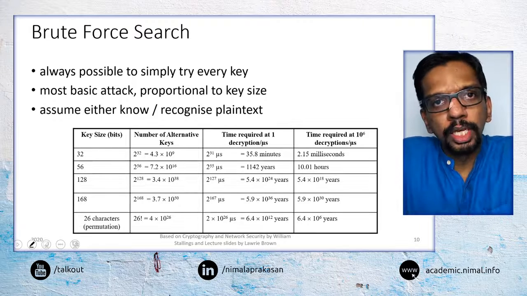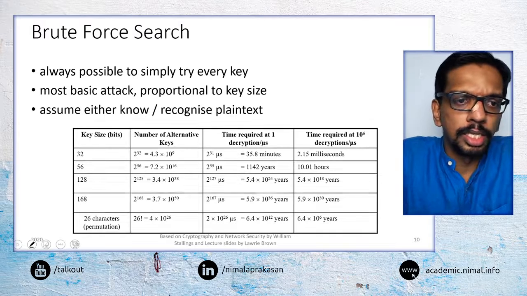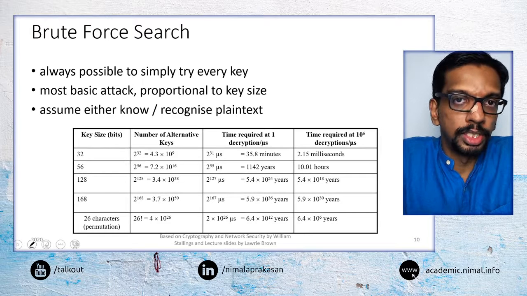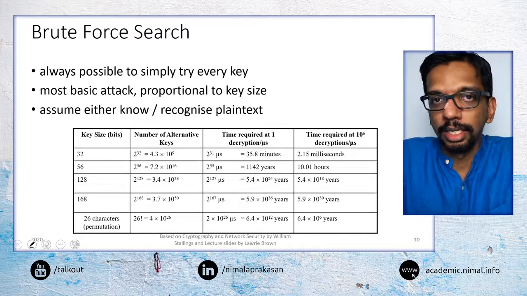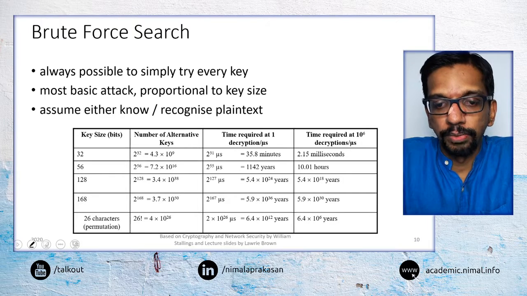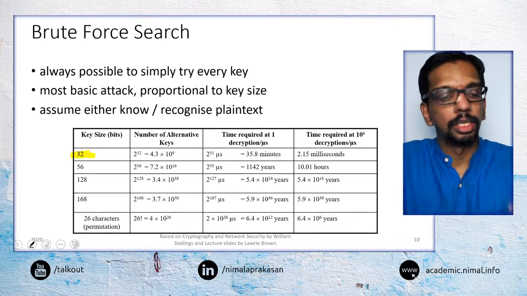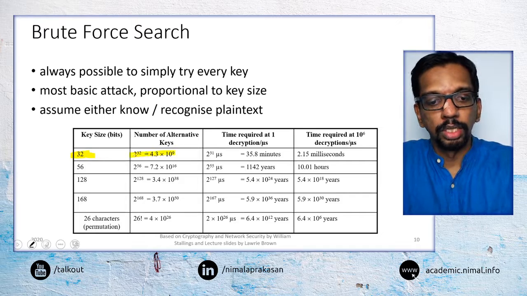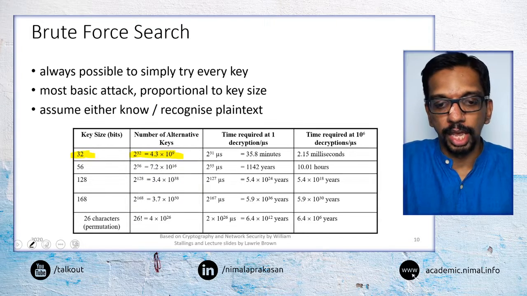Then when we think about cryptanalytic attacks, another thing that we can think about is what is called brute force search. So brute force search is, if we have a key and if we want to try to guess the key, we try out all the possible keys. Say, for example, if we know there is only 32 bits of a key, we would know this is the number of possible alternative keys that we can have.